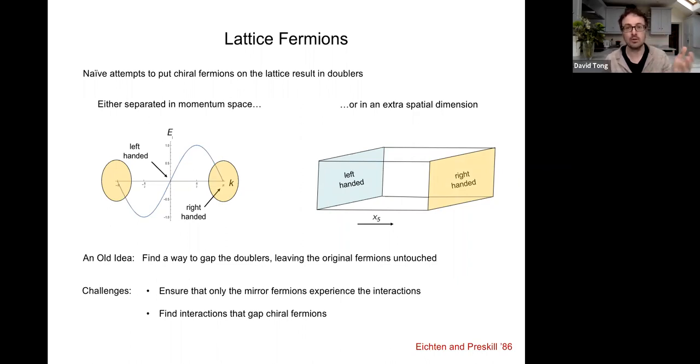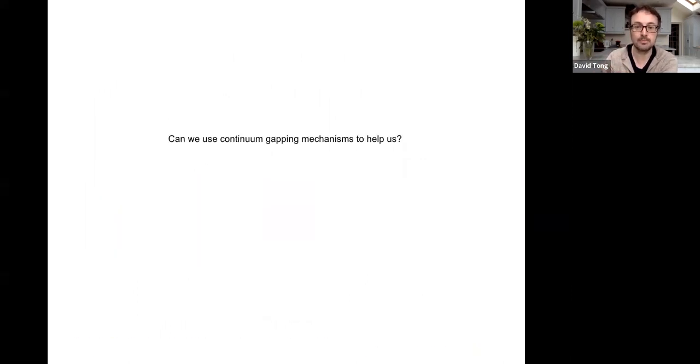They haven't succeeded on the lattice because they required strong coupling effects at the lattice scale. But now we have many examples of continuum theories that do that, so I think that problem is simply solved. The next problem is, how do you ensure that only the doublers experience these interactions and not the original guys? So that's the problem that remains to be solved.